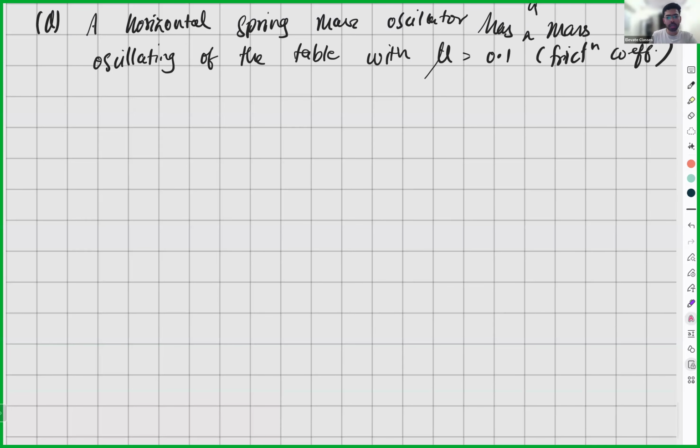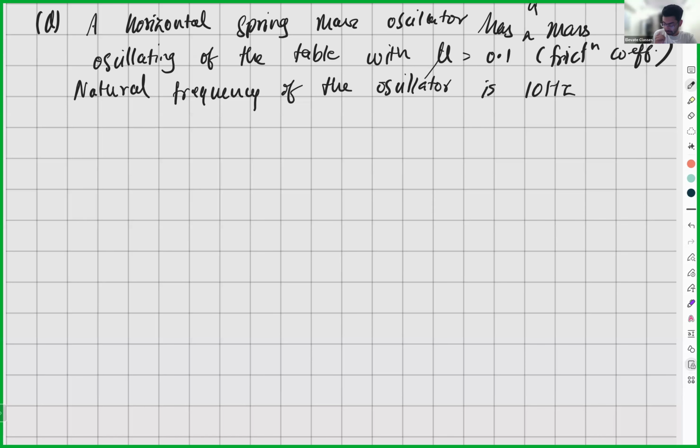So it is both, let us say, kinetic and static friction. Now, the natural frequency of the oscillator is 10 Hertz.